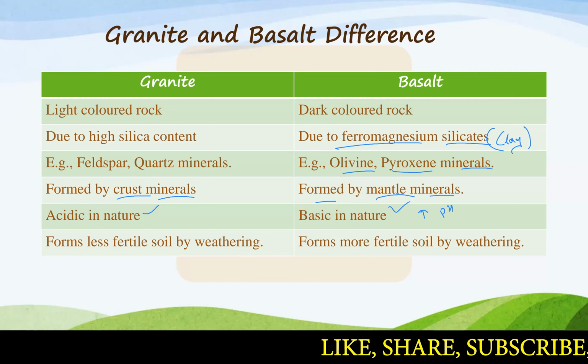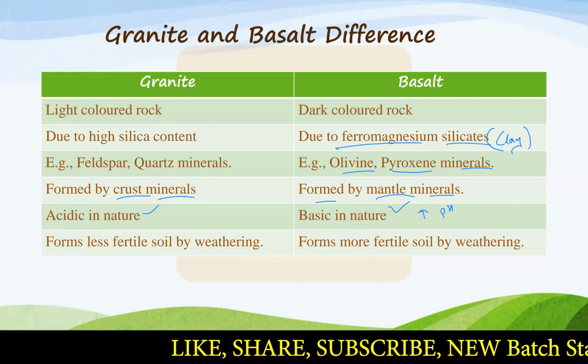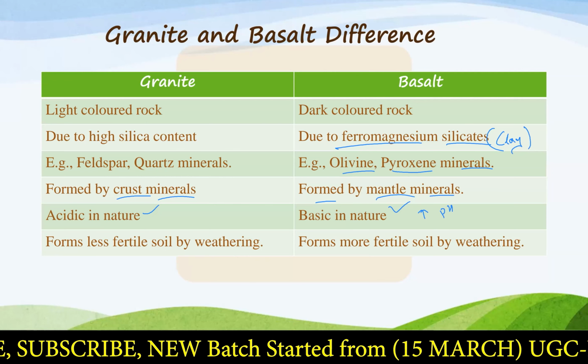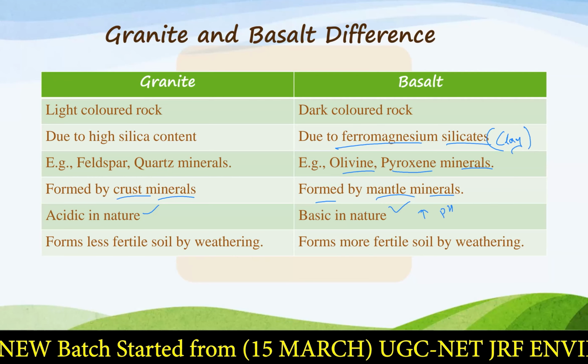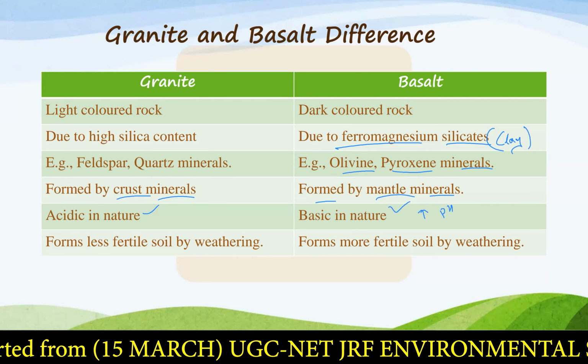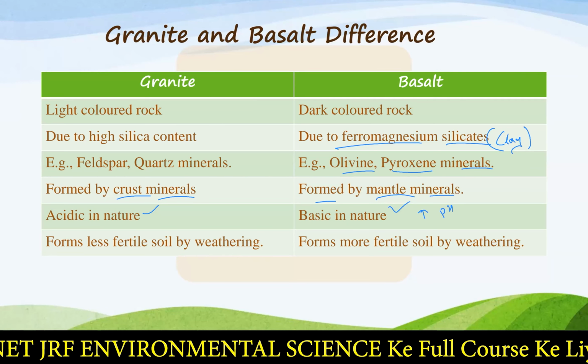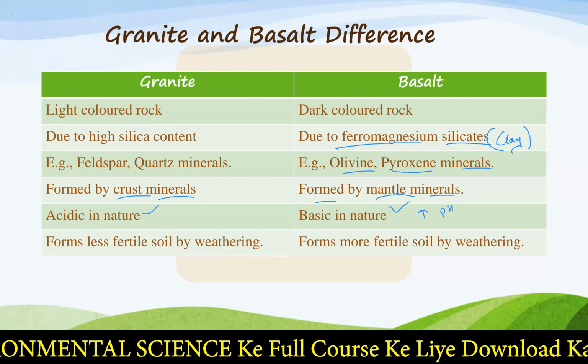So high acidity soil would be also not good for the plants. So the basic soil is perfect, and the basaltic type of rocks generally form those basic type of soil by the weathering process, which is more fertile in nature. So this is all the difference between the granite and basalt.